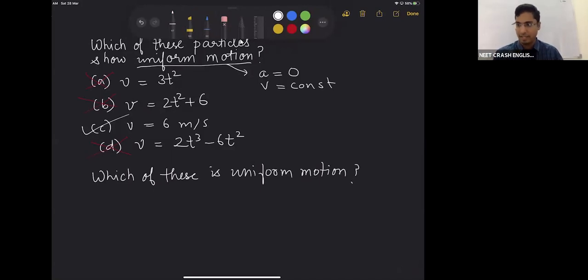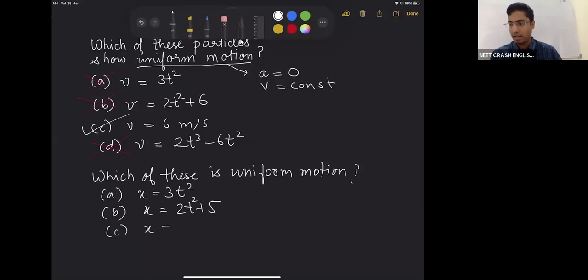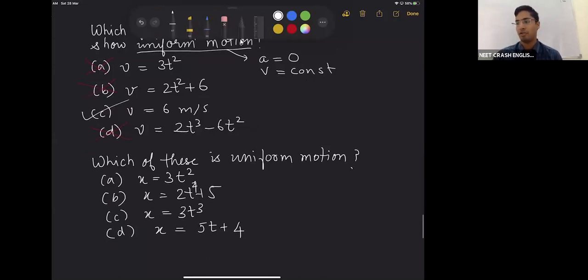Same question, but let me change the options a bit. x equal to 3t square, x equal to 2t plus 5, x equal to 3t cube, and x equal to, sorry, this is 2t raised to 4 plus 5, and 5t plus 4. Now I've given x of t. I've not given you the regular ones. Tell me which of them is uniform motion.